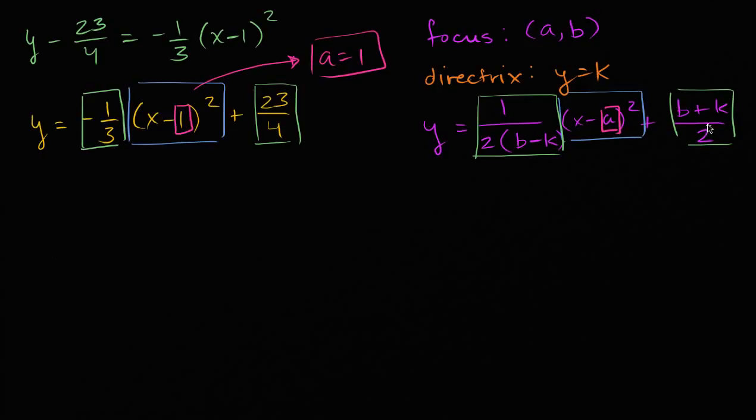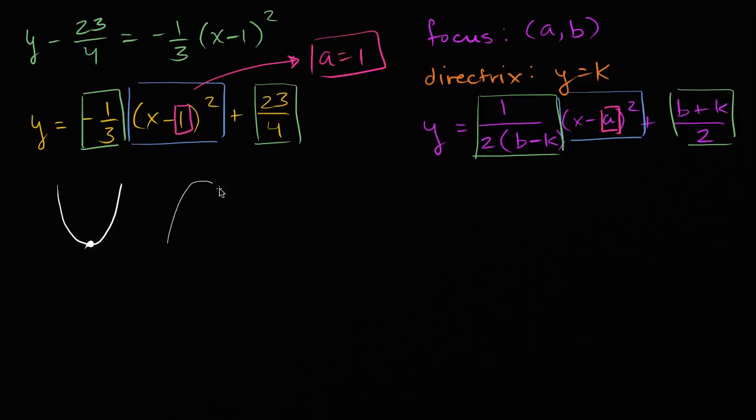What I want to do in this video is explore a different method that really uses our knowledge of the vertex of a parabola to figure out where the focus and the directrix are. If the parabola is upward opening, the vertex is the minimum point.